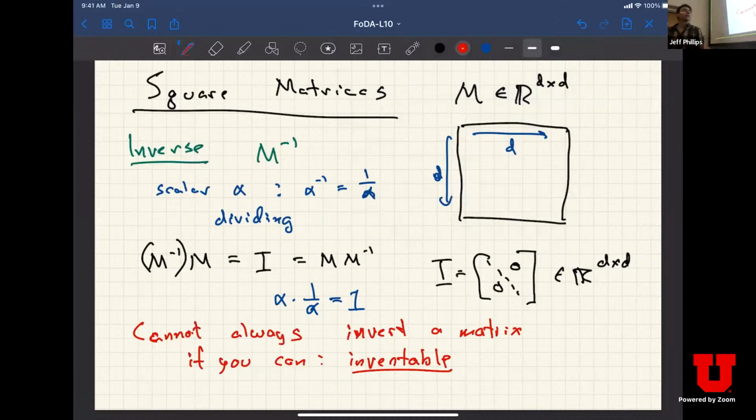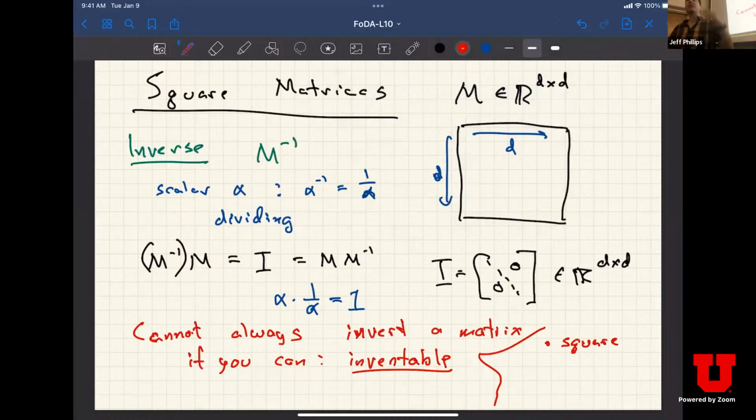All right, and so what properties do we need to have if it's invertible? The matrix has to be square. You can only invert a square matrix. So there's something called a pseudo inverse. We'll maybe talk a little bit about it later, or I'll just mention it later in the semester.